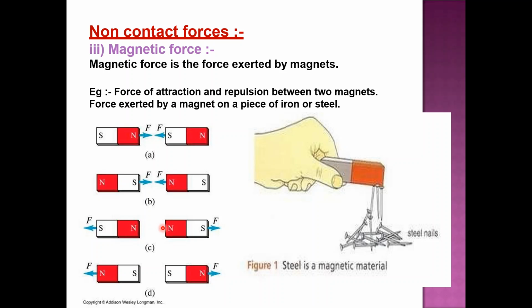So this force is called magnetic force. Here we can attract steel nails, iron nails with the help of a magnet, because the magnet applies magnetic force on the iron nails, and due to this reason iron nails stick to the magnet.